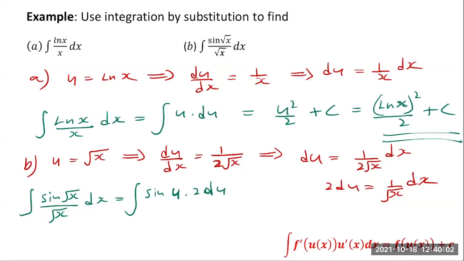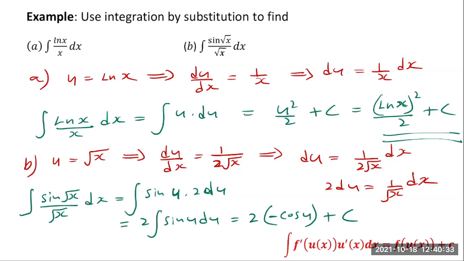Now I can pull out my 2. That would be the integral of sine u du. That's going to be 2 times minus cosine u. We know how to integrate sine u: the integral of sine u is minus cosine u. Should have a parenthesis here, plus a constant. Okay, that's what I have.